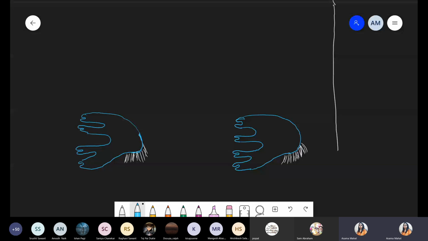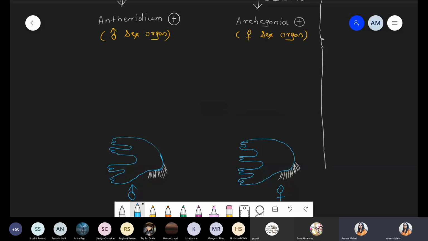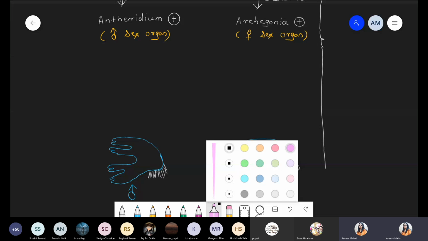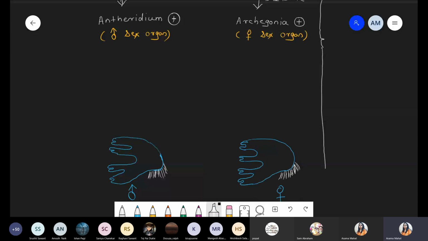So simply, with respect to antheridium, we are talking about the male, and now this is compared with the female. So there is a presence of this branch, a stalk-like structure, the sexual branch.